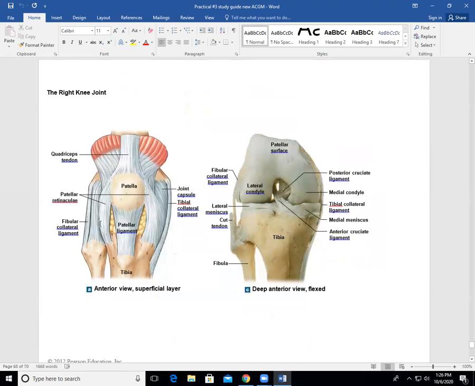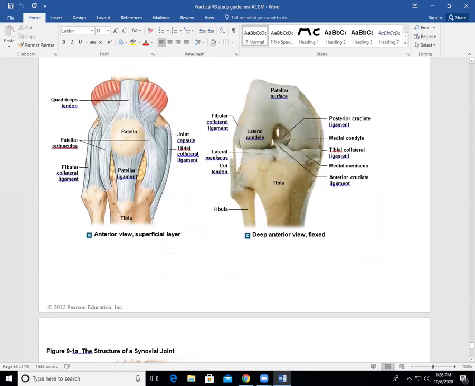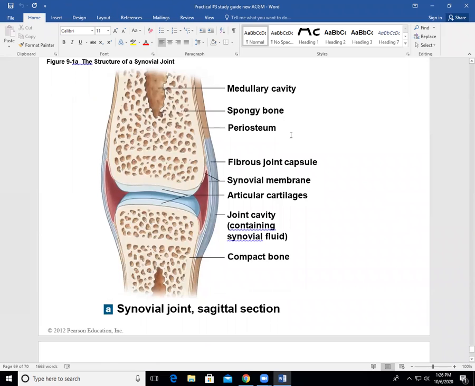All right, so your knee joint. What we do want you to know about the knee joint are these different ligaments. Here's your patella. You have your ACL, have you guys ever heard of that, the anterior cruciate ligament, and the posterior cruciate ligament. On the synovial joint, here's your articular cartilage, cartilage where those bones touch each other.